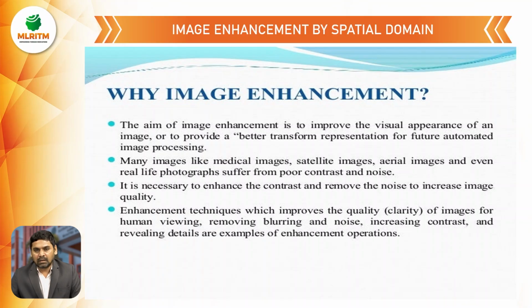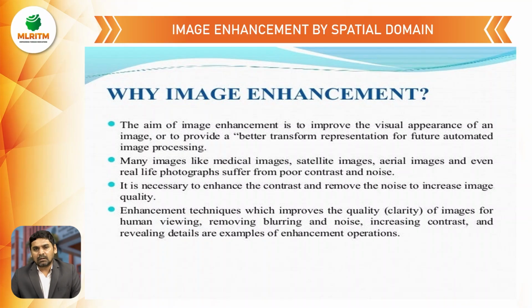If there are blurred images or noisy images, we can't identify the required object in the image. So at that time it is required to remove noise and remove blur. Without removing blur and noise, we can't identify the image object.